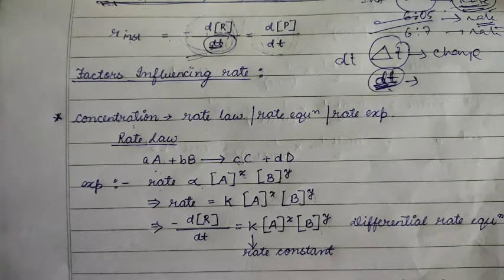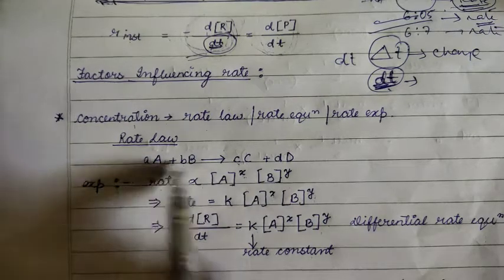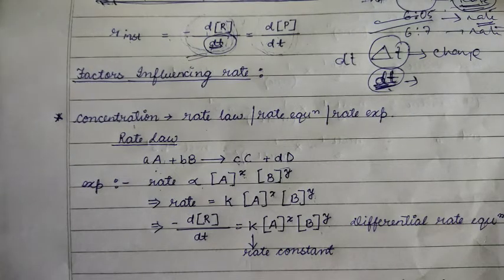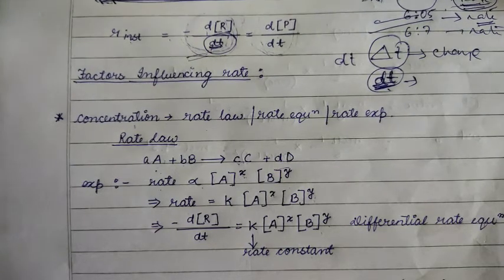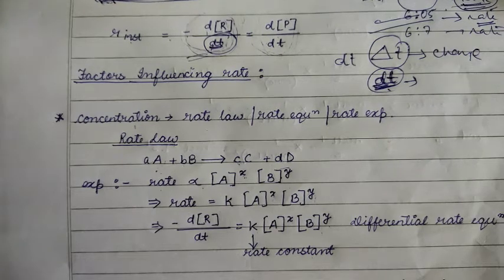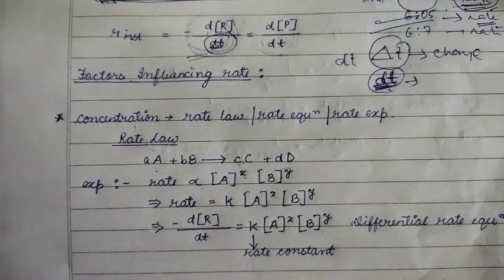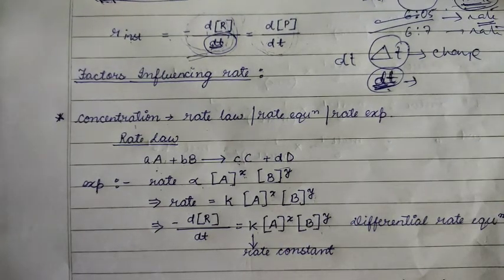Clear? You have to do the experiment. Okay, you have to do the experiment, then only you will know, yeah, really C and D is forming from A and B. Clear? By seeing a chemical reaction, you will never know whether it is really occurring or not. So this is basically an idea. In order to do any experiment, you have to have a theory base.